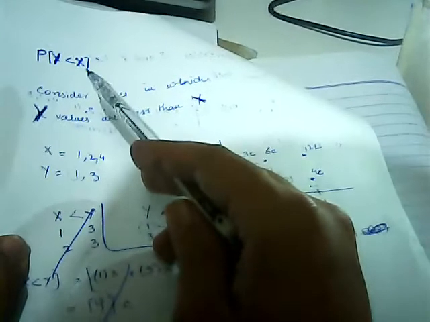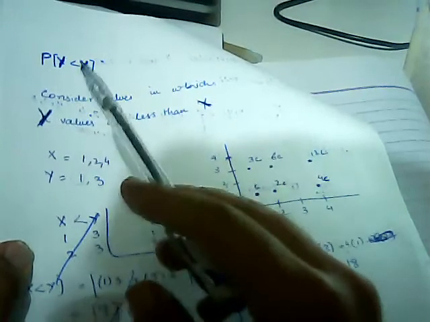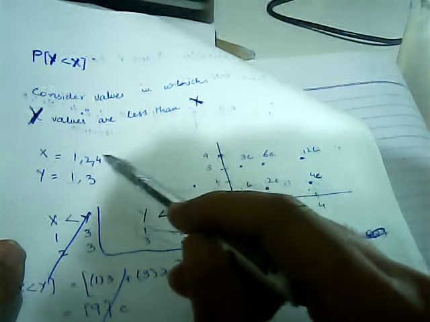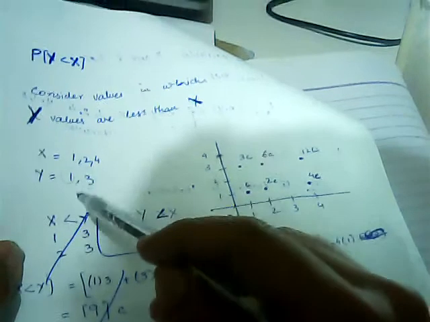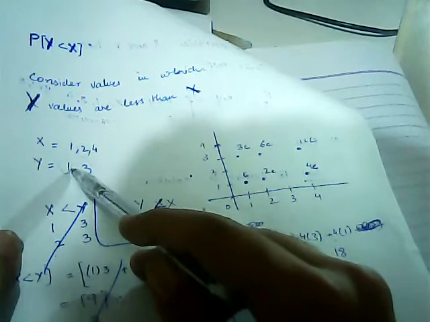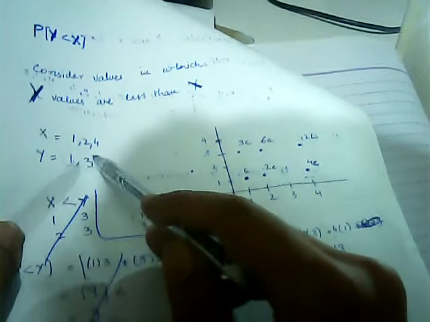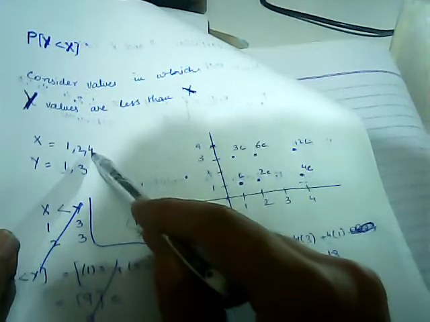Now the values of y are less than x. Orally, if we think through this, the value of y, which is 1, is less than the values 2 and 4, and simultaneously the value 3 is less than 4.